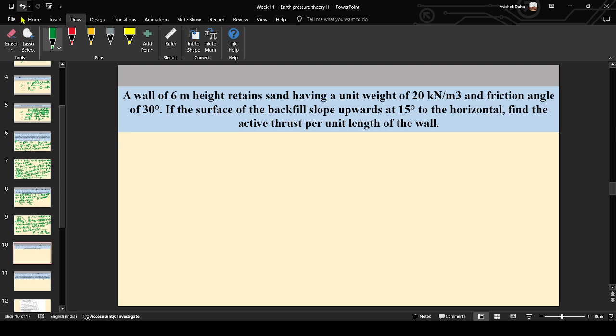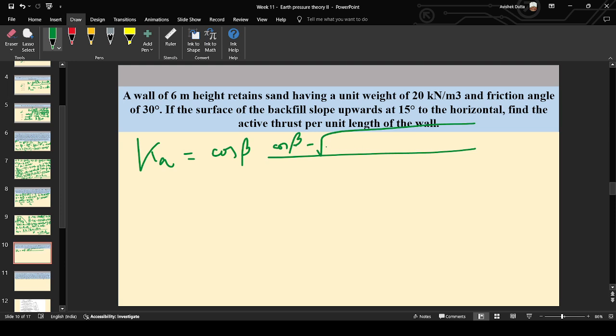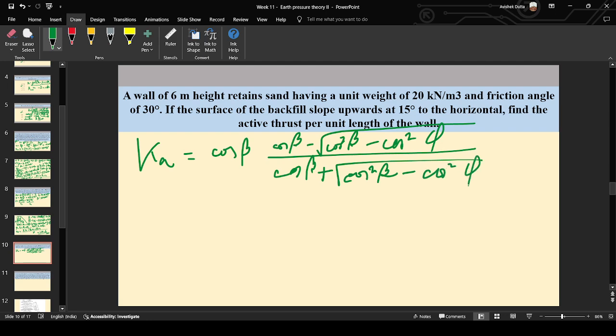For that, the coefficient of active pressure for a sloping surface is given as Ka equals cos beta into (cos beta minus root over of cos square beta minus cos square phi) divided by (cos beta plus root over of cos square beta minus cos square phi).